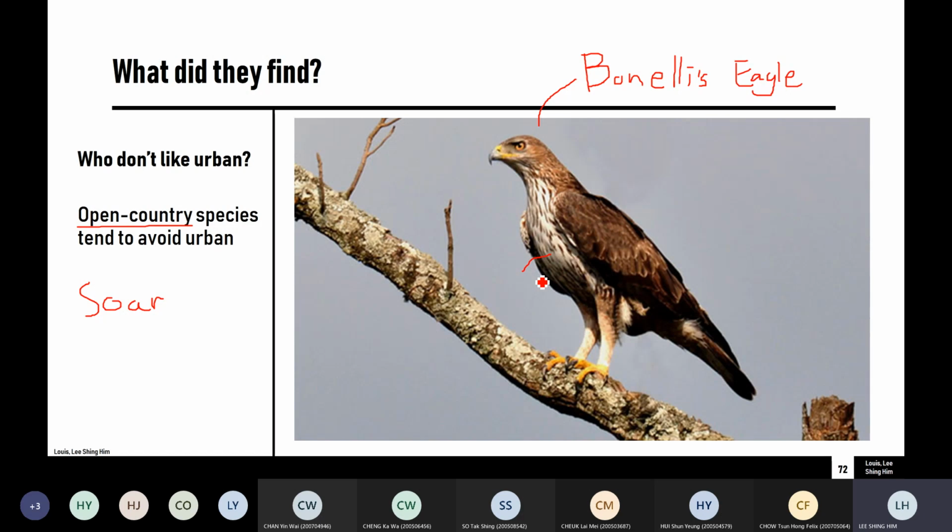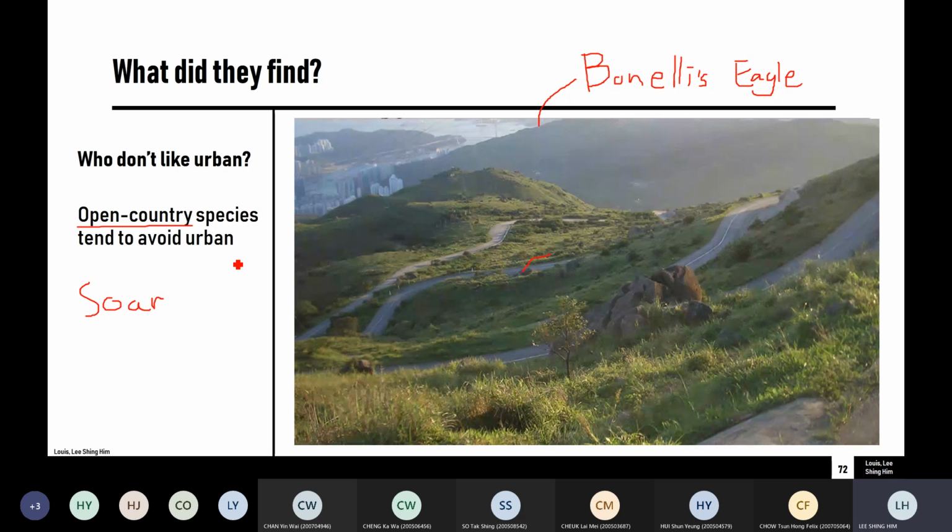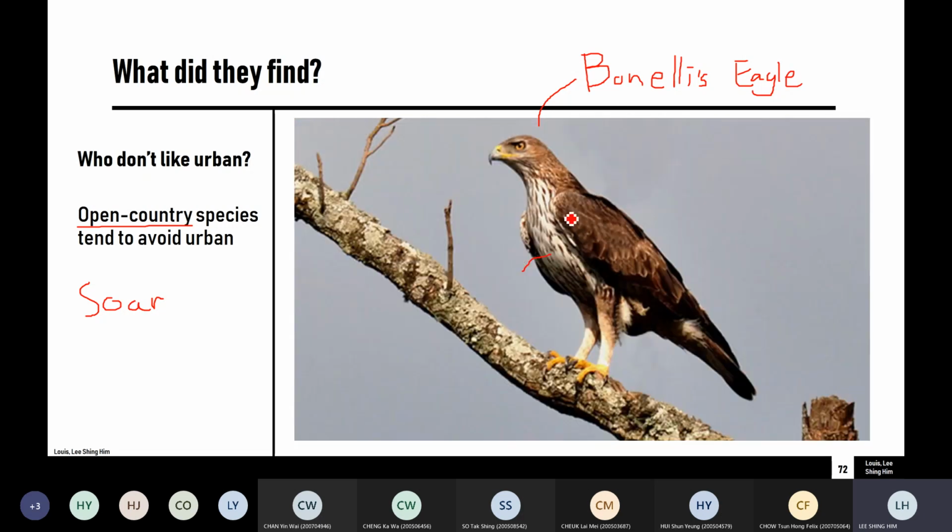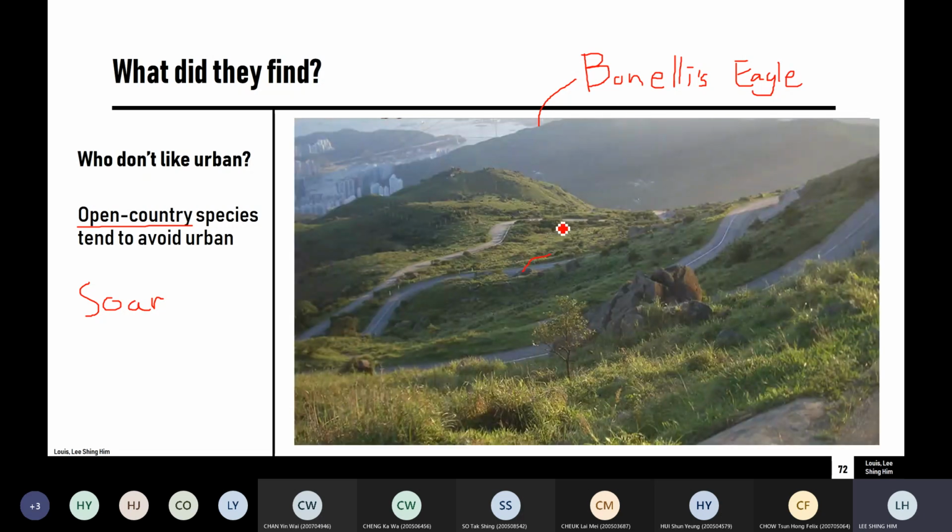Their prey can hide. Their prey can get away from these species, and these species are not flexible enough to change their hunting behavior to that in the urban area. So that's why they do not like urban areas. This is the typical habitat of 白腹山雕. You can see the vegetation is quite low, but if you move into the city, you do not see a vast area of such habitat.